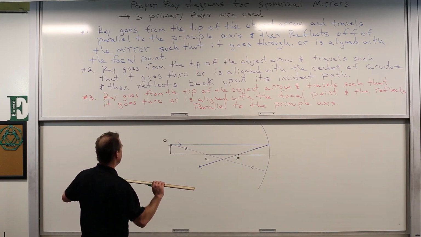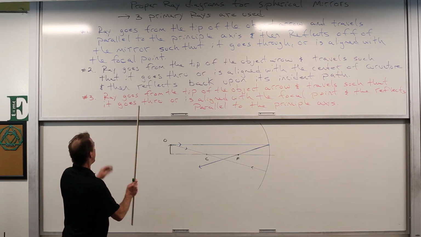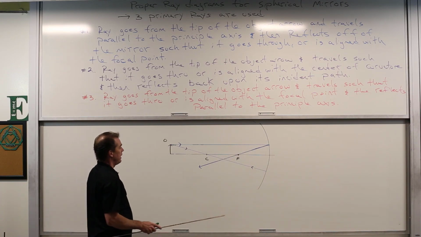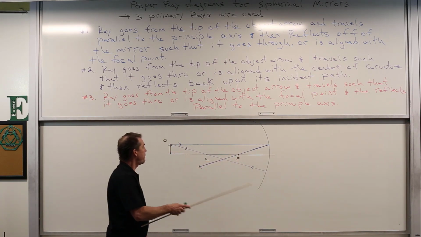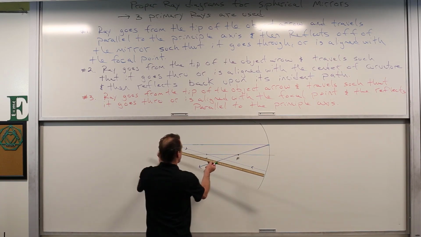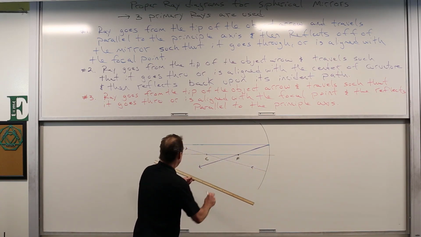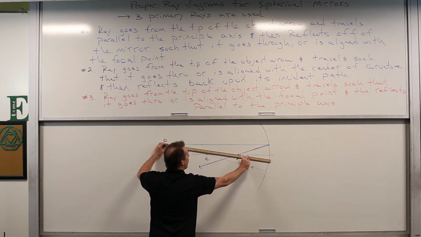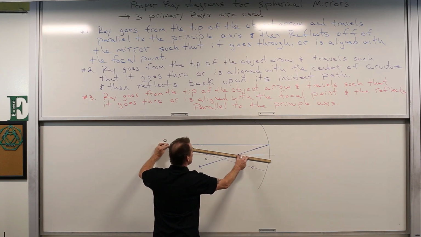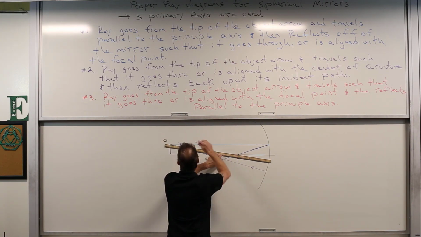So, third ray goes from the tip of the object arrow and travels such that it goes through where it's aligned with the focal point, and then it reflects parallel to the principal axis. So this ray is going to go something like this. That looks decent. I can hold this in place.